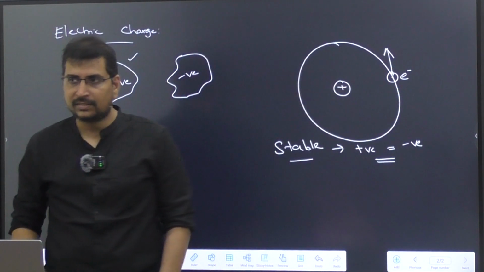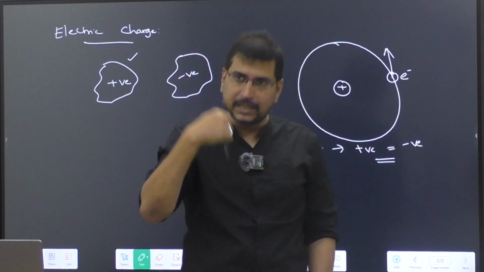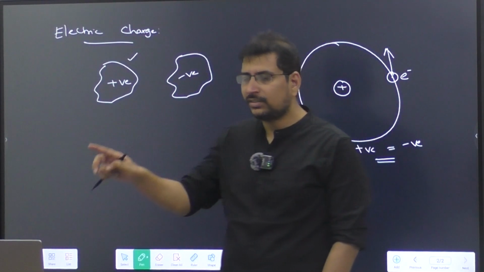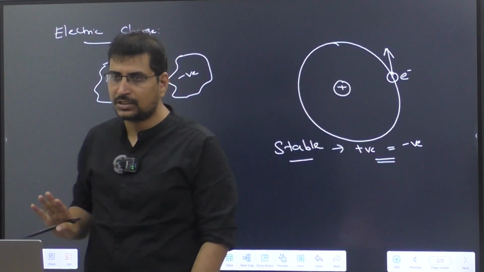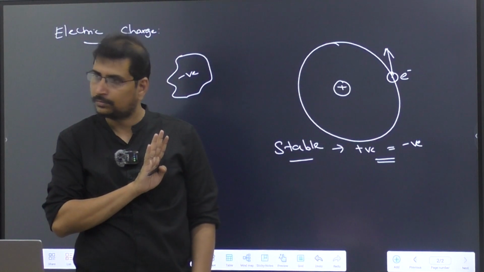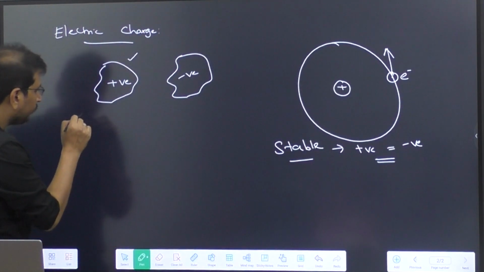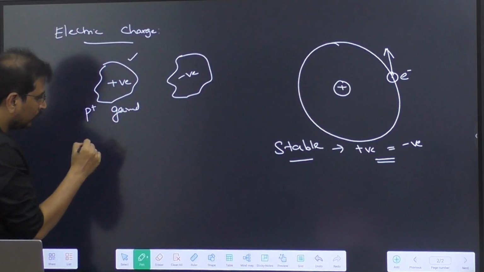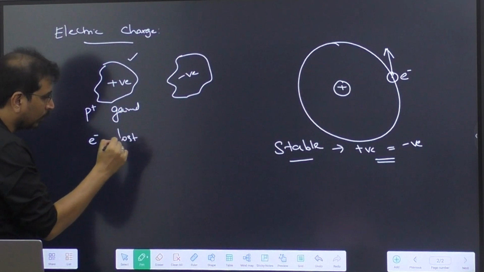Means an atom can either gain more protons or lose its electrons. In both the scenarios, what will happen? There will be an imbalance in the charge where the amount of positive charge will dominate the negative. Right? So, protons gained, electrons lost.